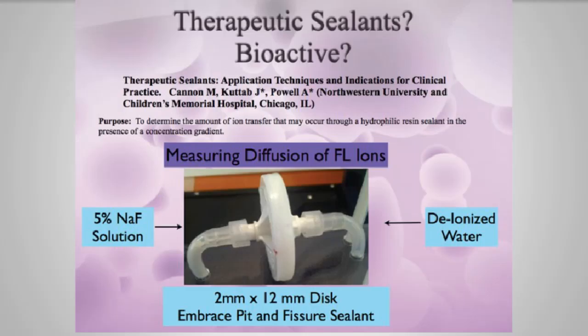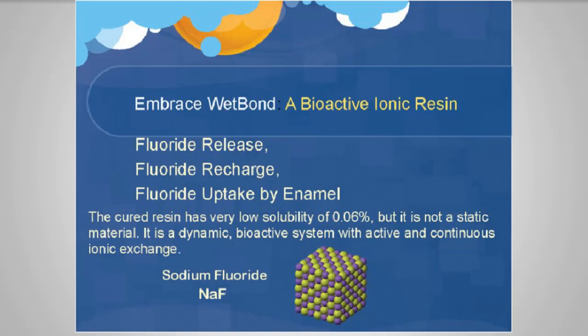So this is the basis of some remarkable things that we've been able to use for a number of years in our Pit and Fissure sealants. It releases fluoride, it recharges fluoride, it enables uptake by the enamel. And yet this resin, when cured, has an extraordinarily low solubility rate of 0.06%.